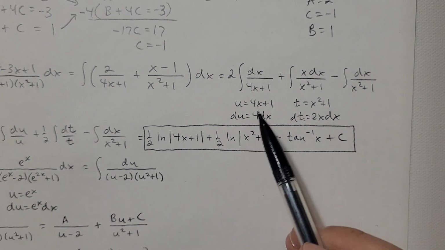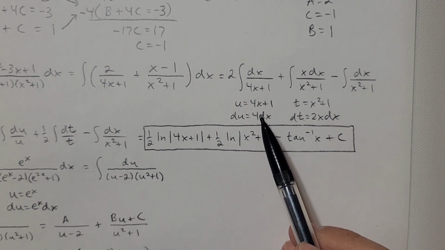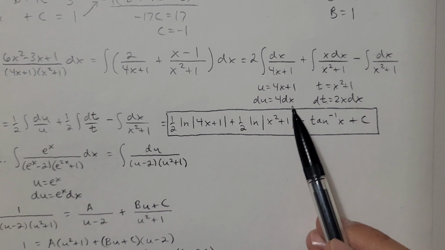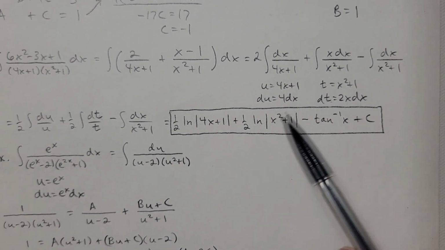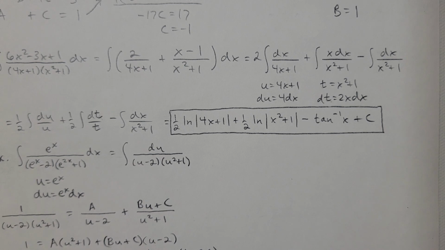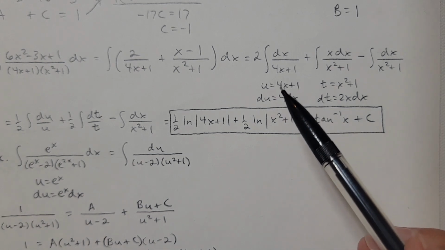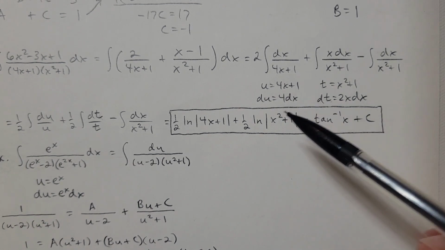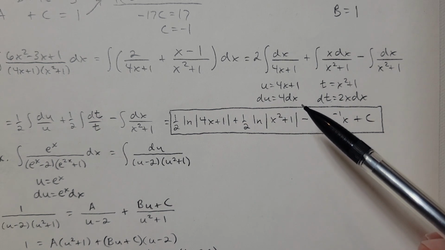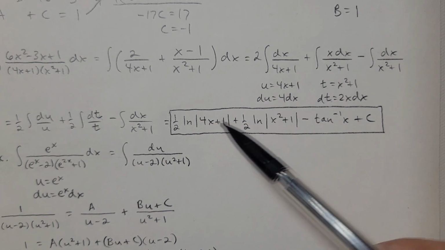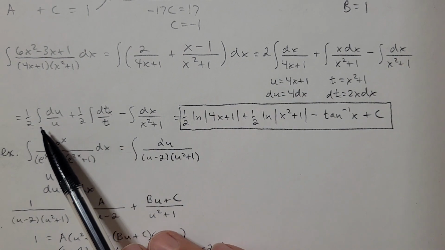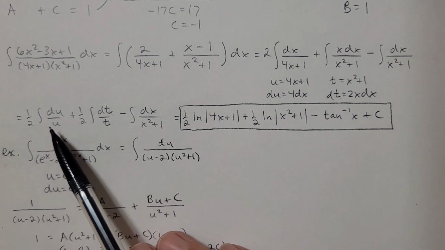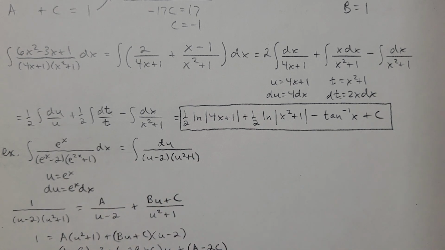Let's see. So the first integral is going to be an ln type thing here. So let's see. If I let u be 4x plus 1, du would be 4 dx, right? So you're going to have a 1/4 coming outside the new integral involving u. We've already got a 2 out front there. So 2 divided by 4 is 1/2 times the antiderivative of 1 over u du.